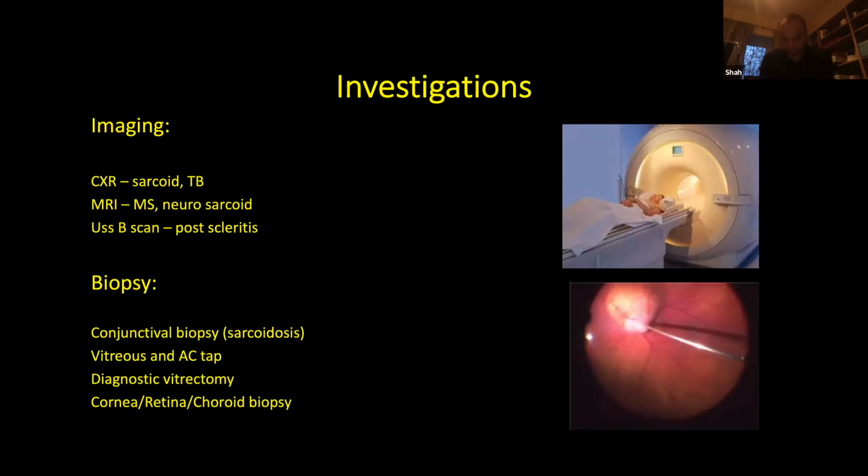So imaging, as I mentioned: chest X-ray if you're worried about sarcoid or TB, MRI scan in patients with multiple sclerosis and neurosarcoid. Actually, MS and neurosarcoid can be quite difficult to differentiate.